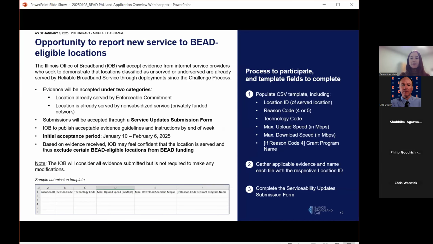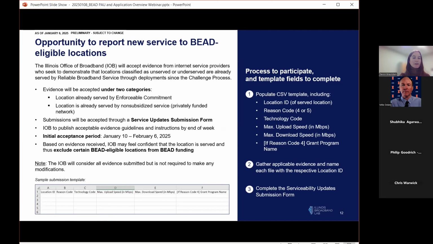So before we jump ahead to our main section today, many folks might be aware of updated NTIA guidance around BEAD eligible locations that may actually be served due to broadband that was deployed since the challenge process last year. It's been several months, even close to a year since we first gathered that initial data set.